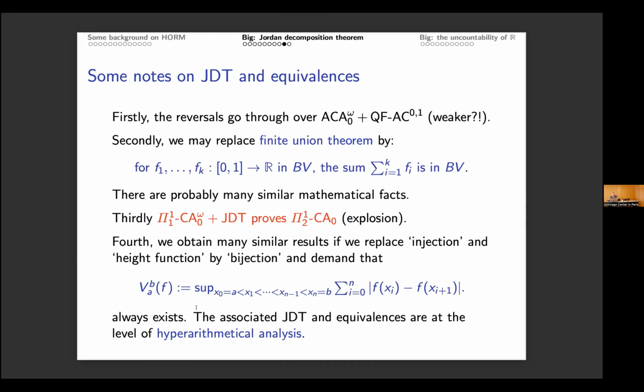So a third order Jordan decomposition theorem, where you demand that this supremum always exists for all functions, is rather weak. It exists at the level of hyperarithmetical analysis, and some philosophers would say this is perhaps more natural than set theoretical principles that are generally studied there. I'm blaming it on the philosophers.